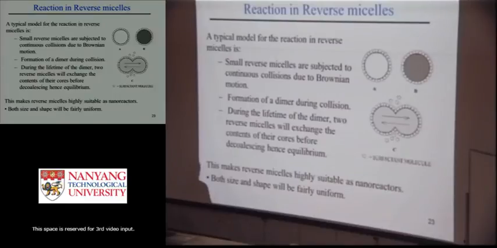How do I make sure that the reaction only happens in the droplet? Okay, this is a procedure to control this reaction to make sure that it only starts in the microemulsion. Typically, let's say A plus B gives a reaction, giving you, let's say, C. C is the product we want, okay?